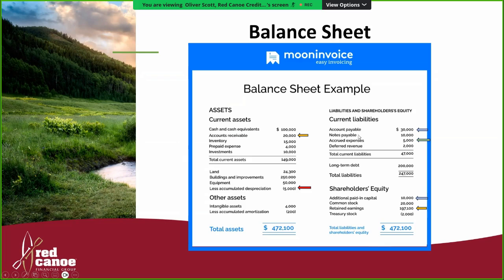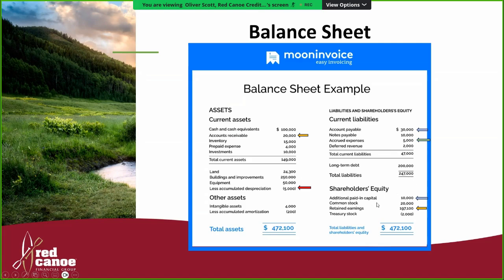On the liability side, you have accounts payable, how much you owe to your suppliers. Notes payable, this is the current liabilities. So again, the stuff that needs to be paid within 12 months. Accrued expenses, and those are your current liabilities. Then you have your long-term debt, and you have your total liabilities.